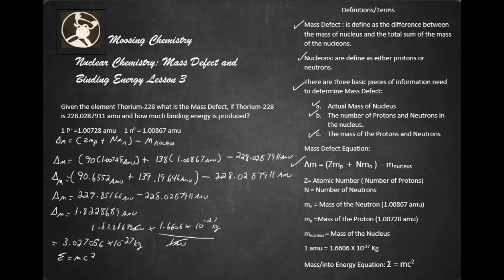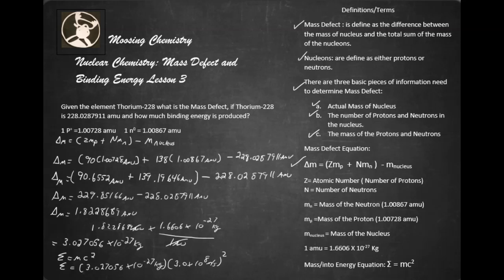So E equals 3.027056 times 10 to the negative 27 kilograms times 3.0 times 10 to the 8 meters per second, which is the speed of light, squared.